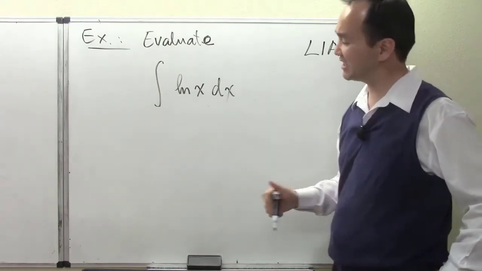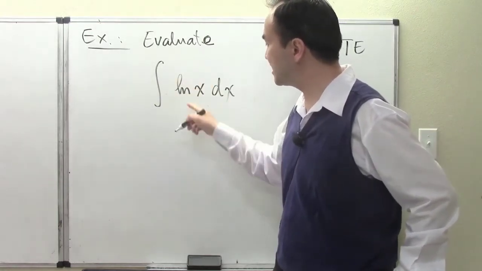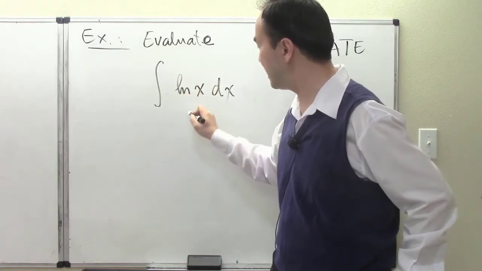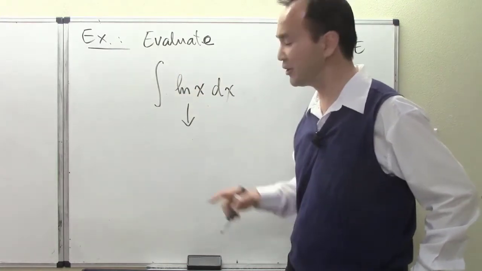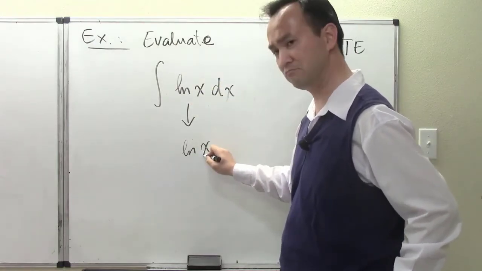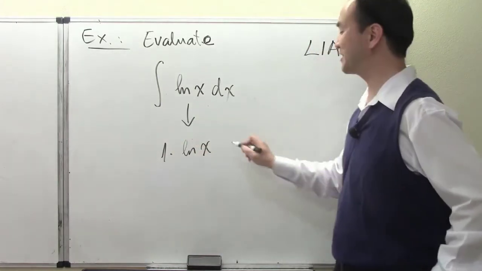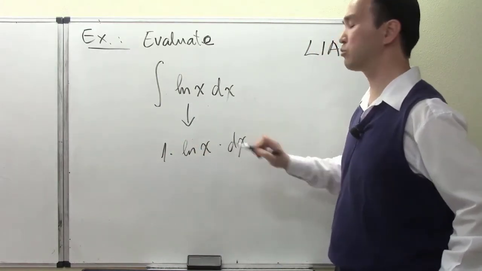So let's get to it. The idea is that I am going to purposely see the natural log here as, allow me to draw a little arrow, natural log in product with 1, and of course there's that product with the dx expression.